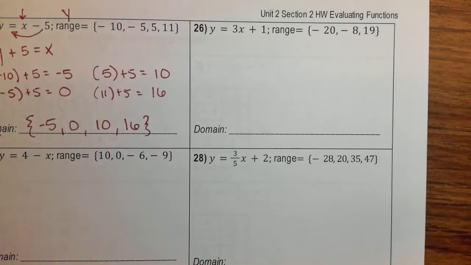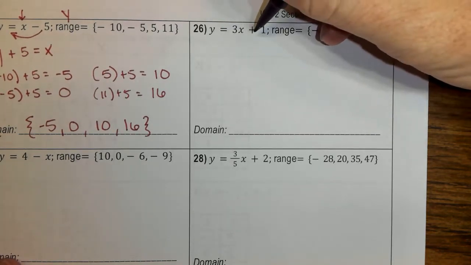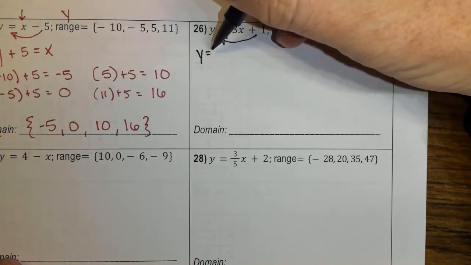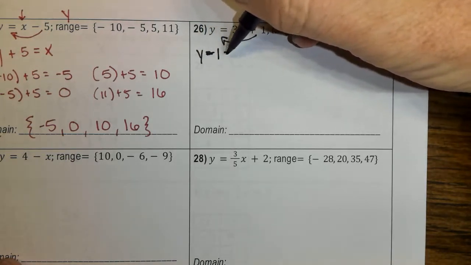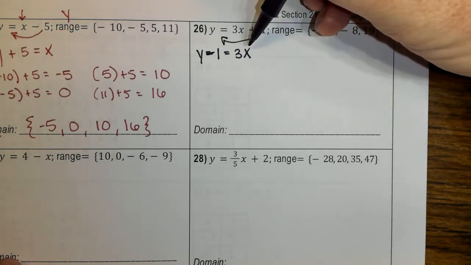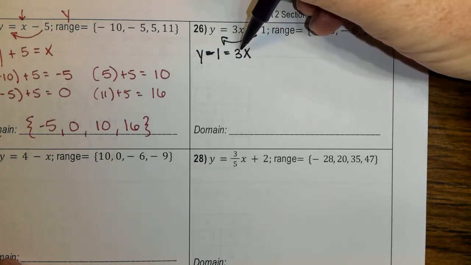Alright, next, 26. There's no fractions, and there's only three range values, so I'm going to do this by hand. Okay, so first thing is you move the plus 1 over here, so that becomes y minus 1 equals 3x. And to get x by itself, just like solving equations, you divide.